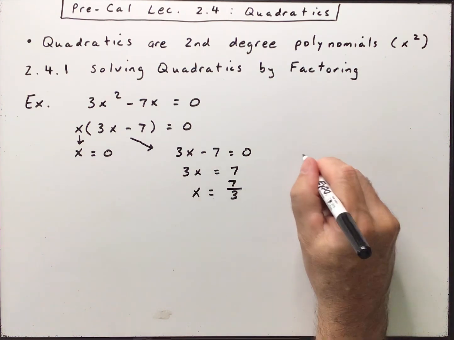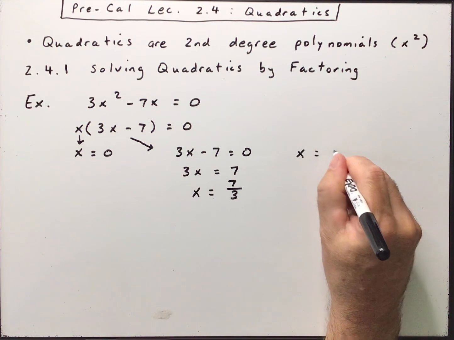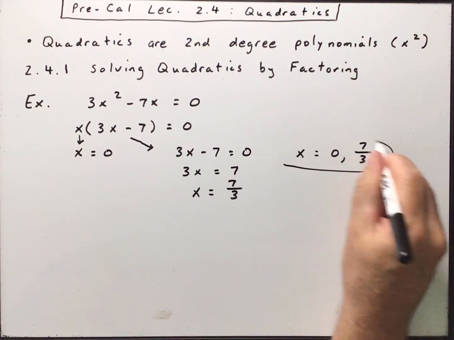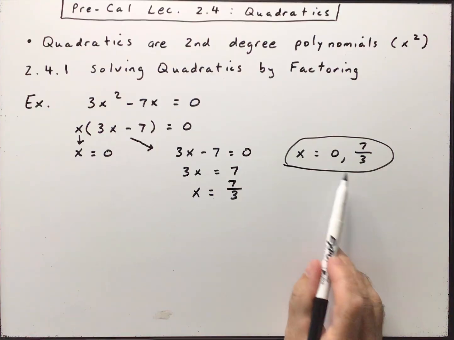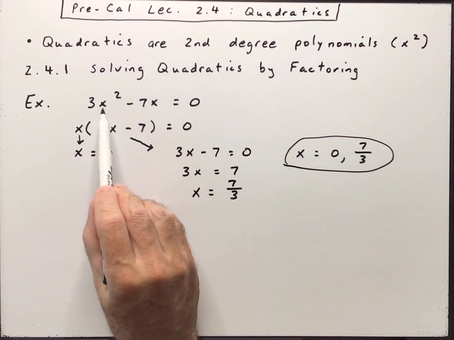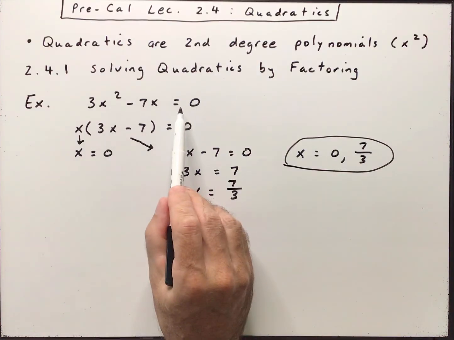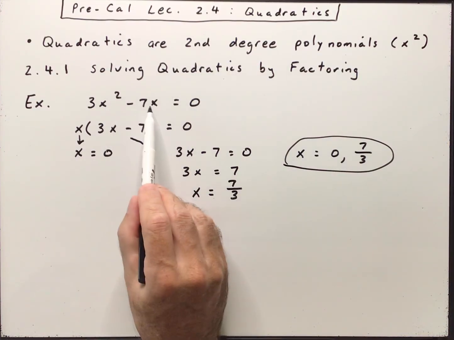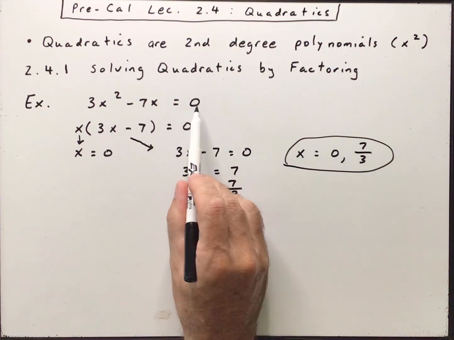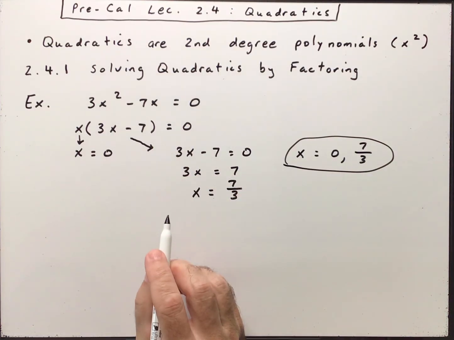So our two solutions are x equals 0 and 7 thirds. And you could plug both of those numbers back in and see if it works. You can plug 0 in, and that by eyeballing works, and then try plugging in 7 thirds for x and see if that makes this equation equal to 0.